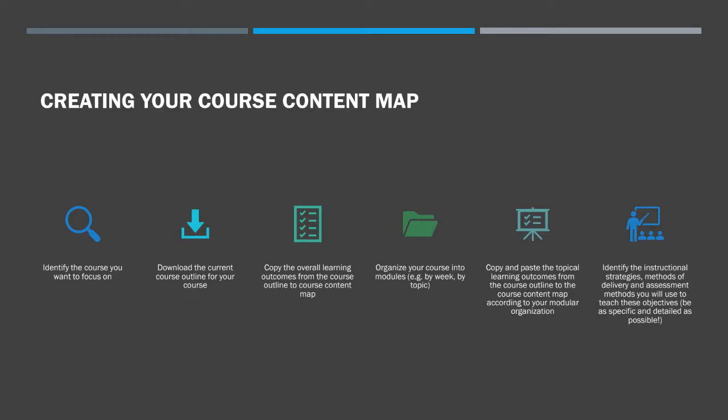The next thing you're going to do is copy the overall learning outcomes. That's going to correlate to that first part of the course content map that's known as the course learning outcomes. And then you're going to decide how you want to copy and paste over all of those topical learning outcomes. A lot of people like to correlate it directly with how it's outlined in the course outline.